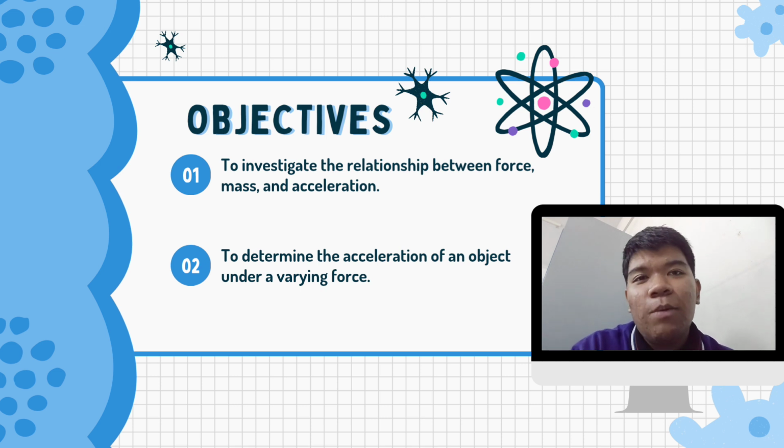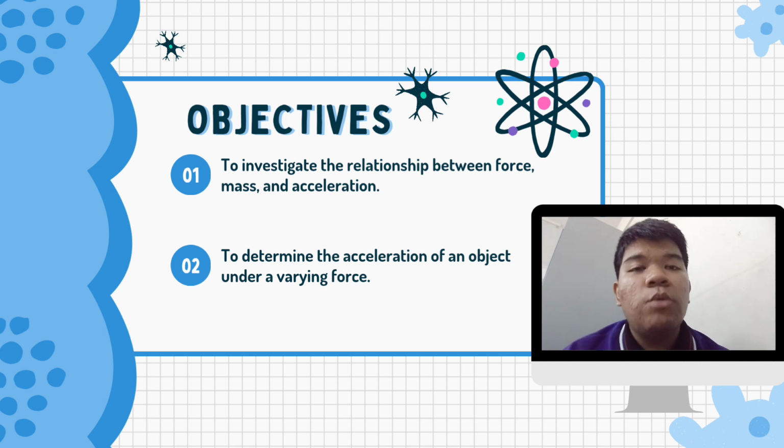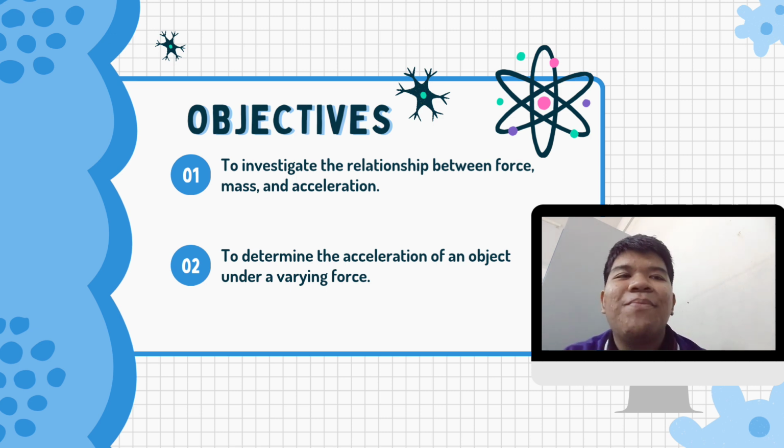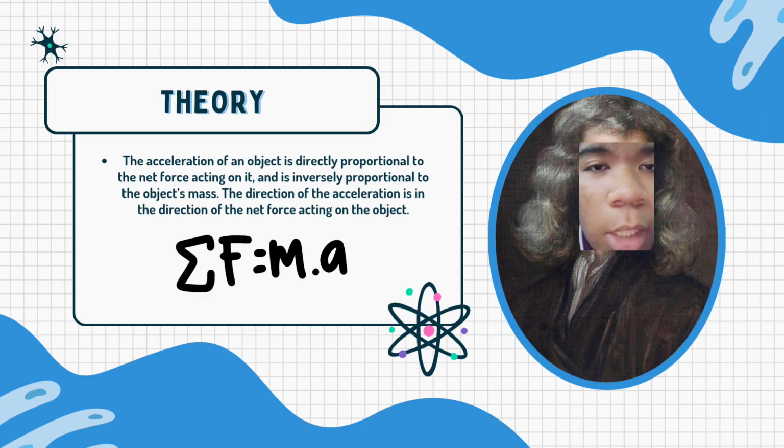So the objective is to investigate the relationship between force, mass, and acceleration. And the second one is to determine the acceleration of an object under a varying force. From the theory, we know that the acceleration of an object is directly proportional to the net force acting on it and is inversely proportional to the object's mass.